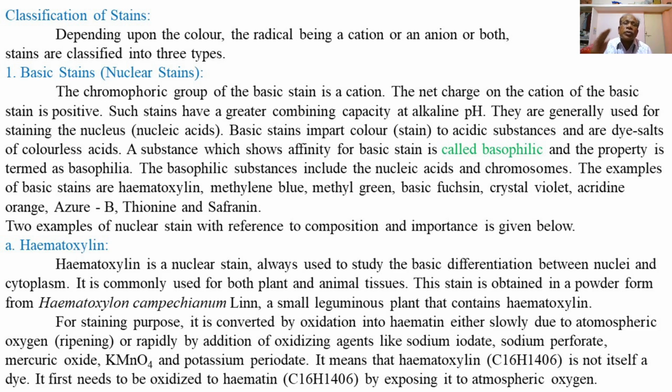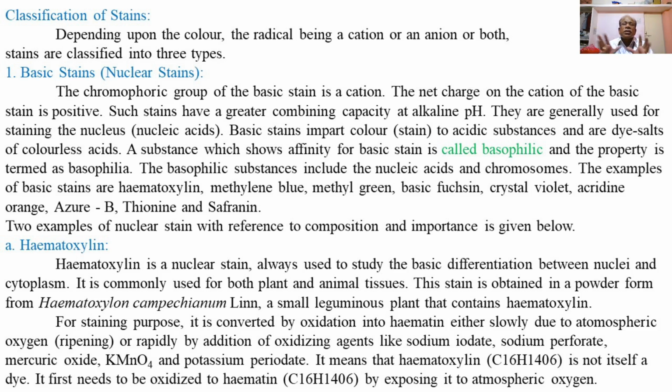So the basophilic substances include nucleic acids like RNA, DNA, and the chromosomes. The examples of basic stains are hematoxylin, methylene blue, methyl green, basic fuchsin, crystal violet, acridine orange, azure B, thionine, and safranine.